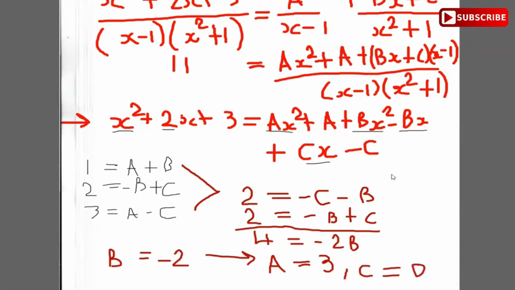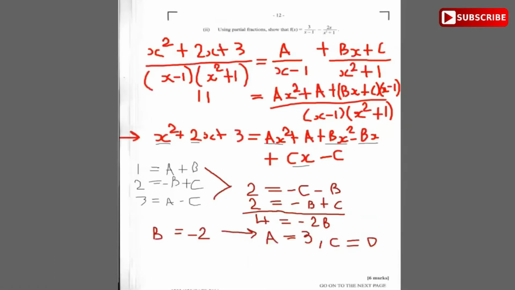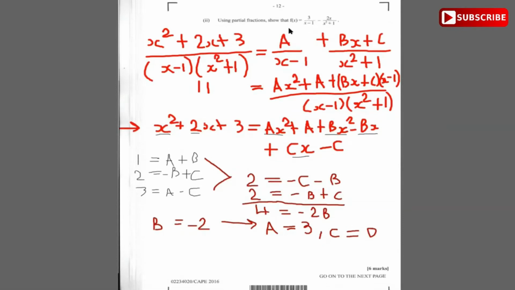So what does all that mean? In conclusion, I'm going to replace A up here now. A is just 3. All right, nice. B is now minus 2. And C is 0. So we can replace those.